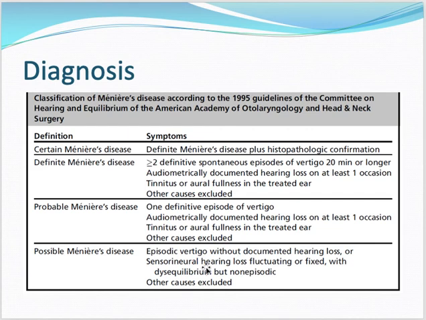Now, of course, this is the most important section in this case. What are the tests and examinations you can do in these patients? You can do otoscopy. You can check for nystagmus. You can check the tuning fork tests like Weber's and Rinne's test.